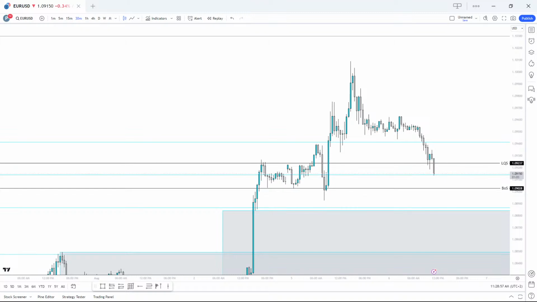What is this? Reversal lines. Alright, I don't want any lines. ACD Fisher. What is this?